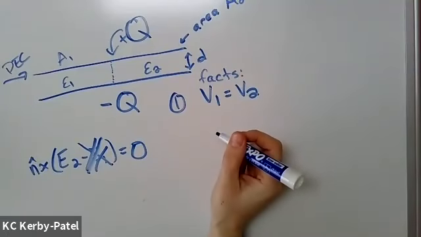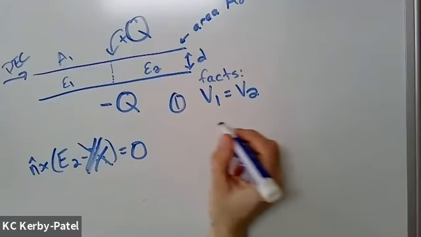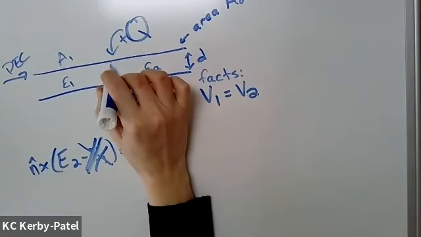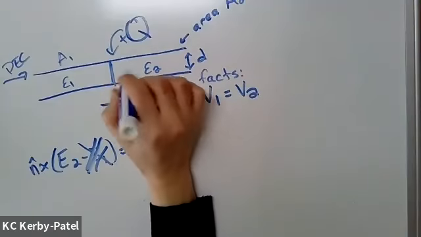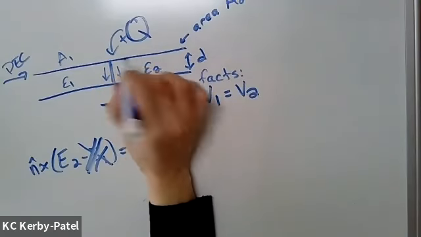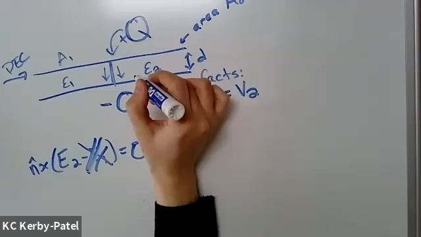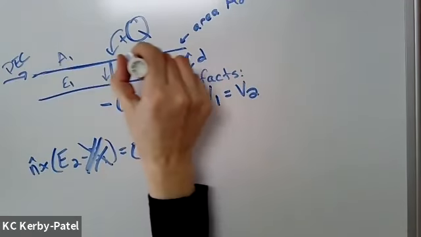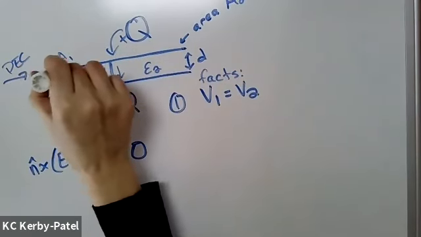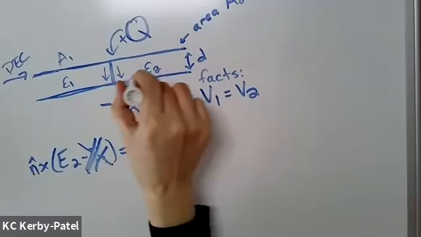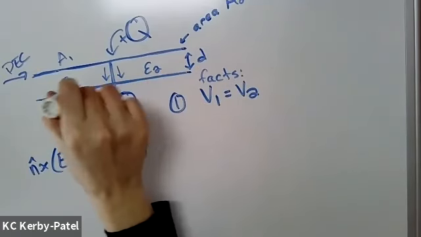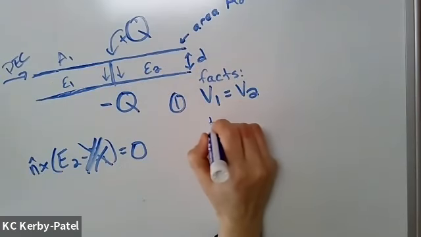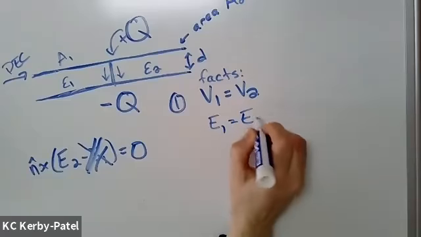And we also know that at this boundary, the boundary between these two dielectric materials, the parallel components of the electric field have to be equal, which also supports V1 equals V2 because they're both connected by this PEC on either side. So they have to be the same horizontally. And also here at this interface, the two electric fields have to be equal, right? So E1 equals E2.